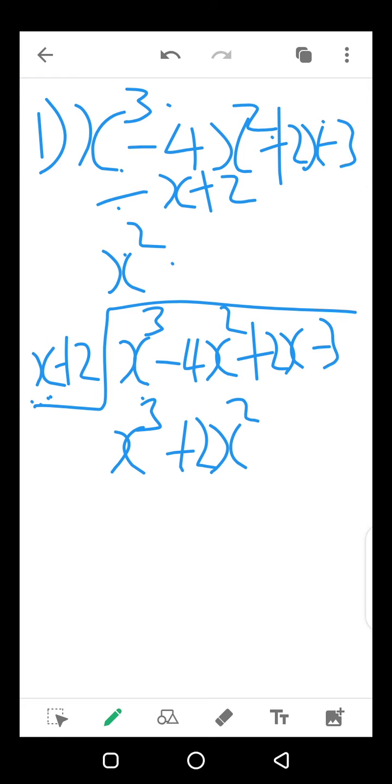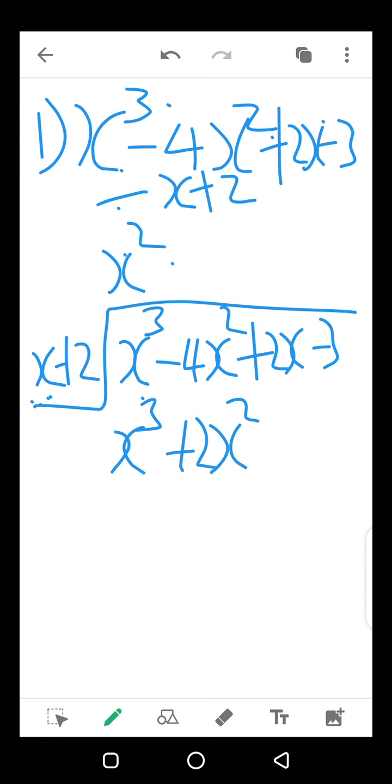Now x raised to power 2 must be under the term in the dividend that has the degree of 2. x raised to power 1 must be under the term in the dividend that has x raised to power 1, or that has degree of 1. So that is how we arrange it.